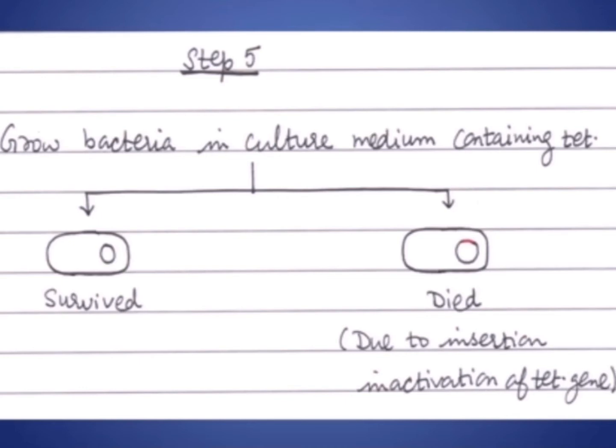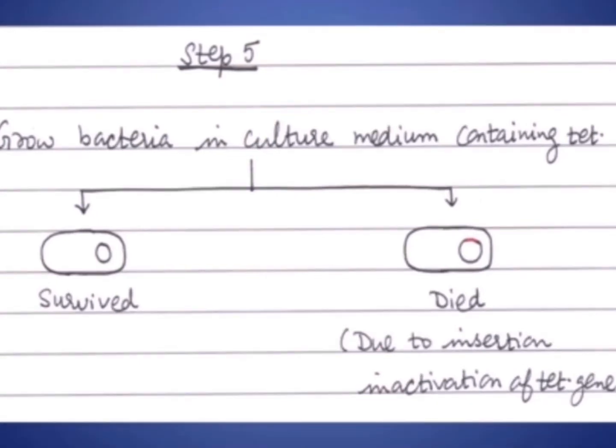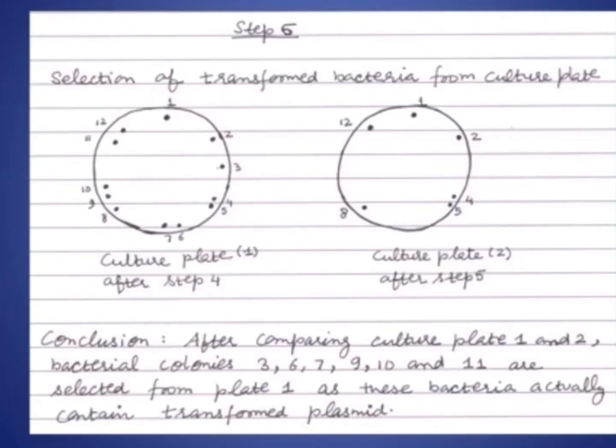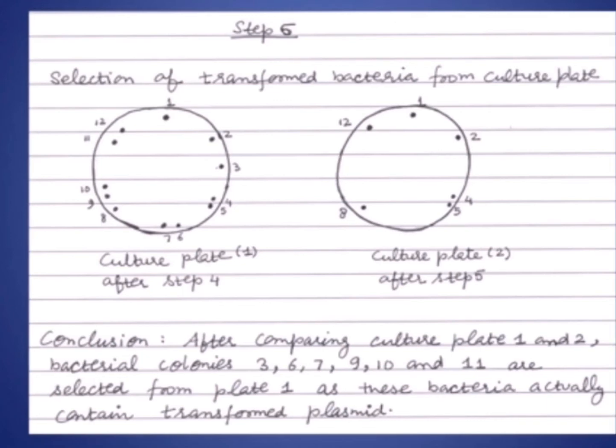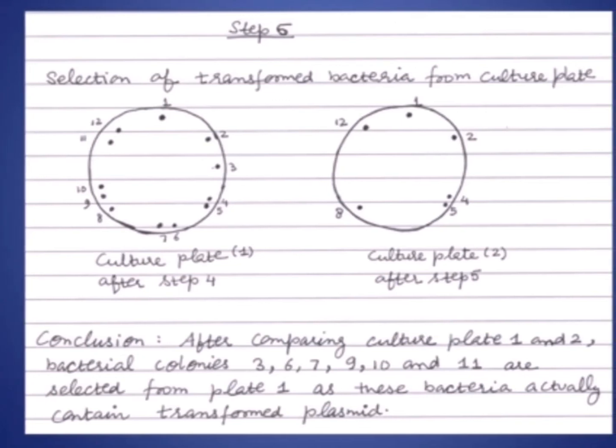Whereas the non-transformed plasmid in the bacteria will survive because it has both the resistance power, ampicillin and tetracycline. Now students, you can see here two culture plates. The first culture plate having ampicillin as a substrate and second a tetracycline substrate. In the first culture plate, wherein ampicillin is present, both types of bacteria are growing, those having non-transformed plasmid as well as transformed plasmid.